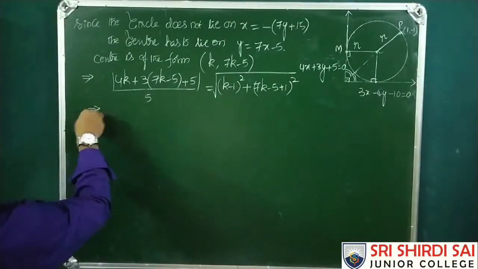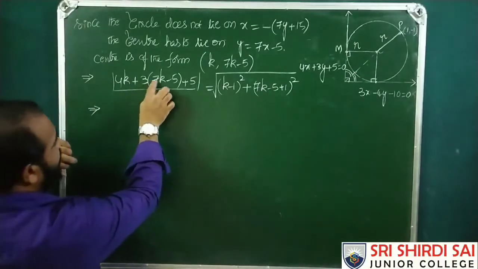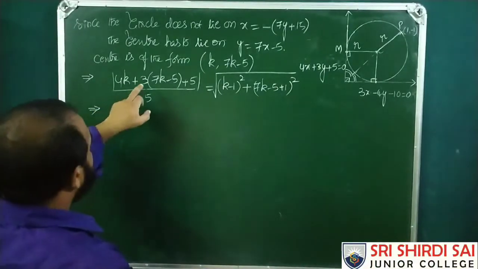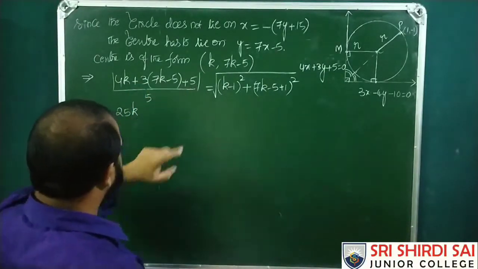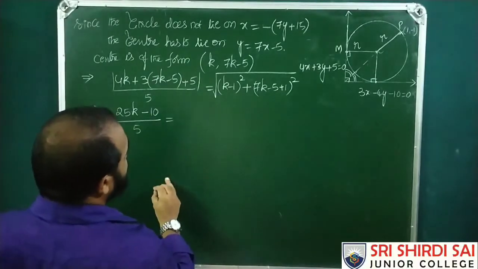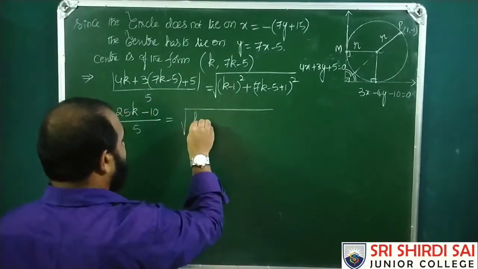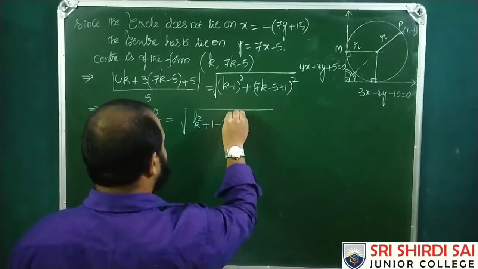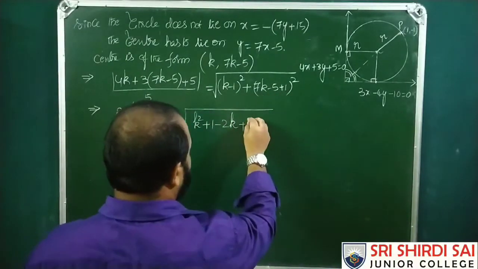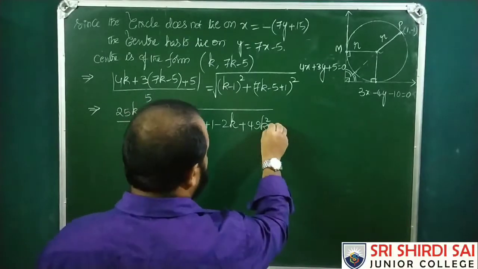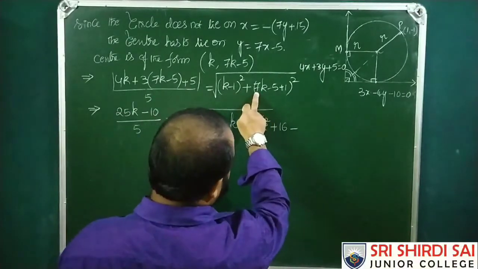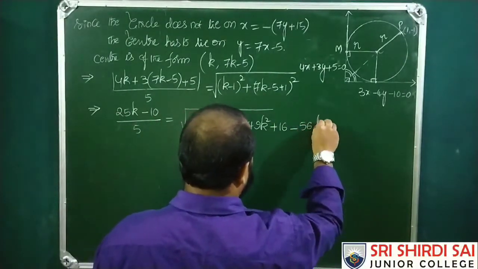So 4k, 3 7s are 21k plus 4k, 25k, 3 minus 5 minus 15 plus 5 minus 10 by 5 is equal to, this is k square plus 1 minus 2k plus, this is 7k minus 4 whole square, 7 square 49k square, 4 square 16, minus 2 7s are 14, 14 4s 56k.